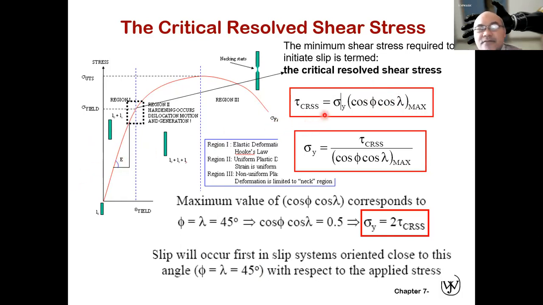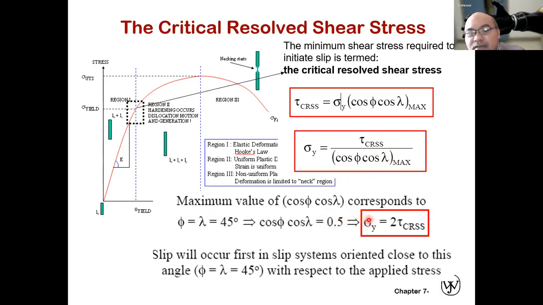So when tau CRSS is given and we are asked to calculate sigma y, sigma y can be calculated as tau CRSS divided by the maximum of cosine phi times cosine lambda. As we have seen in the earlier slide, this is maximum only when phi equals lambda equals 45 degrees, in which case the value of cosine phi times cosine lambda equals 0.5.